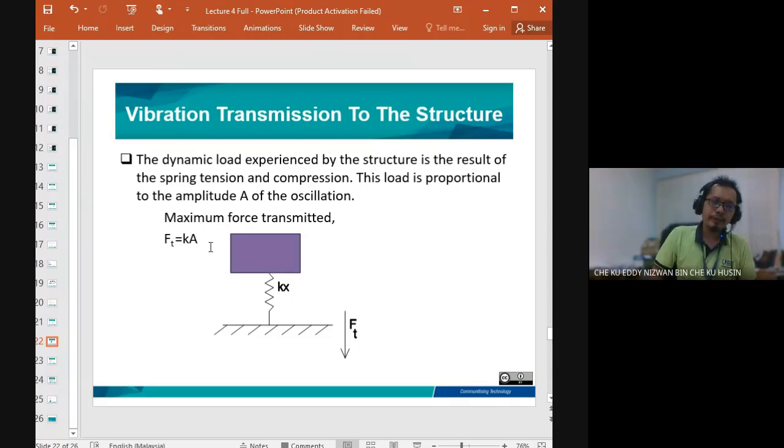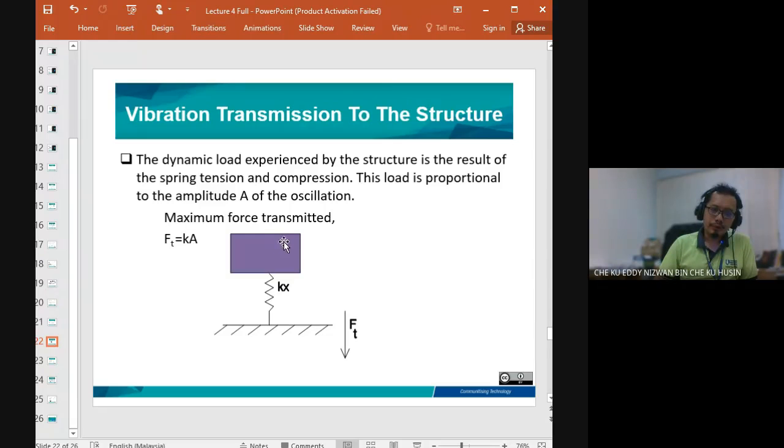Okay, for the spring mass system, the force transmitted is proportional to the amplitude of the oscillation, which is the amplitude of the vibration, and the force excitation is proportional to the force transmitted.